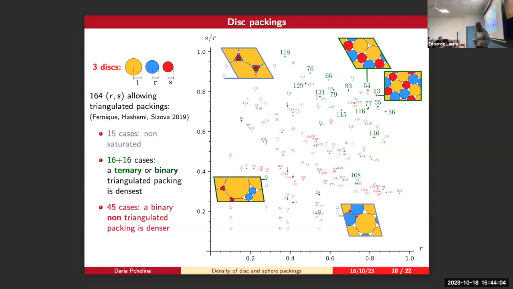Question: what do you mean with a binary non-random packing, considering only 2 out of 3? Yes, actually we constructed our counterexamples using only 2 disks out of 3. But any counterexample would do. Ours are really nice.